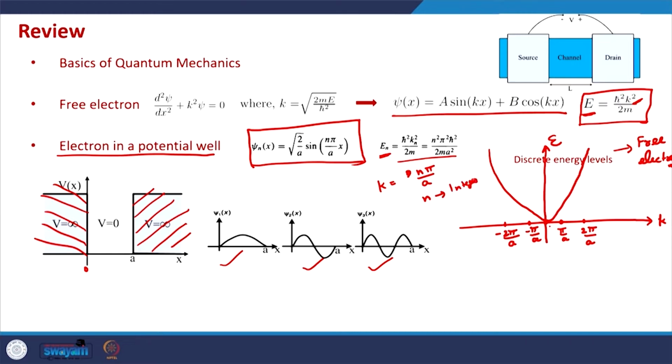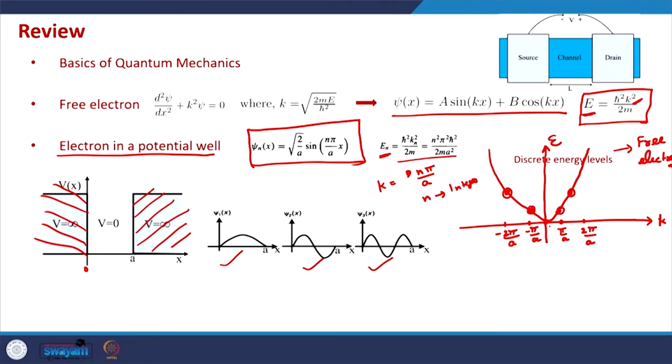So, the E-k plot will be a discrete plot where the E values will still be lying on the parabola, but it will not be a continuous plot, it will just be the points on this parabola like this. So, only these points will constitute the E-k plot for a particle in a box.